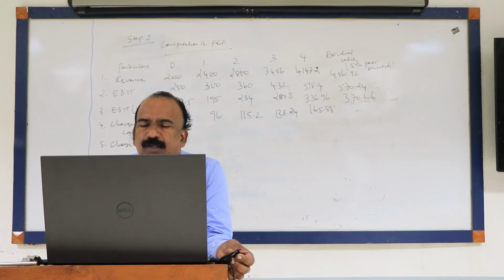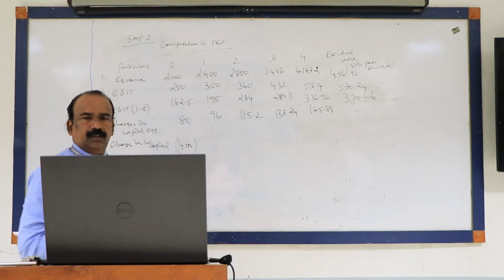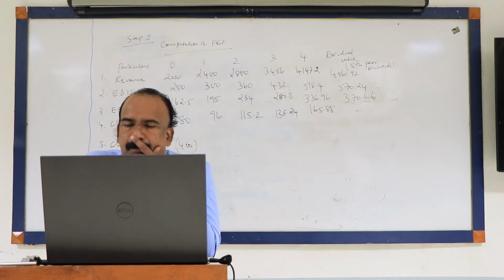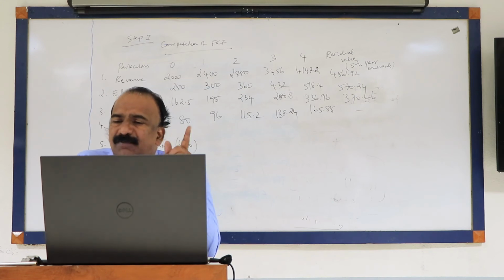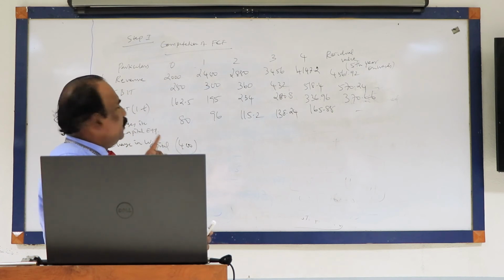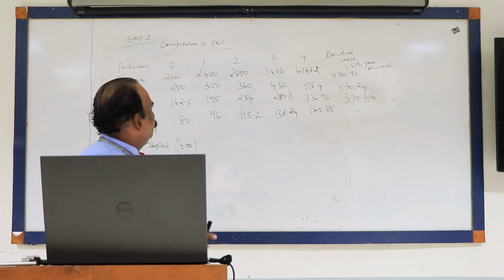So 20% of revenue is 400. So 400 is your base year working capital. Now, what is the first year working capital? First year working capital is 20% of 2,400.